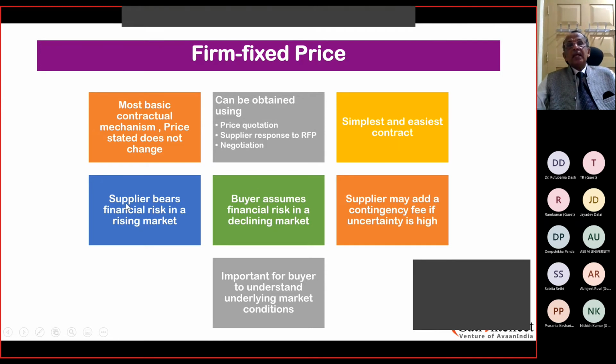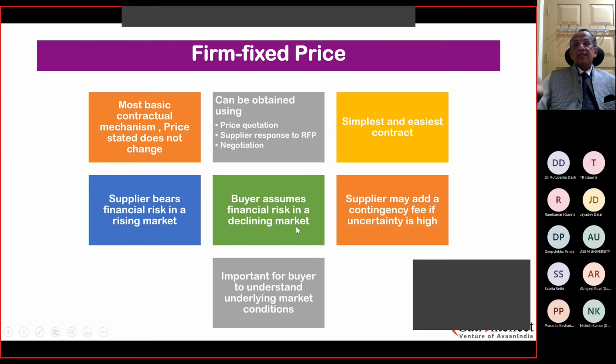When a supplier gives a firm fixed price, the supplier bears the financial risk in a rising market. Very often suppliers don't do that because you can never say how the market is. Then the buyer assumes financial risk in a declining market.